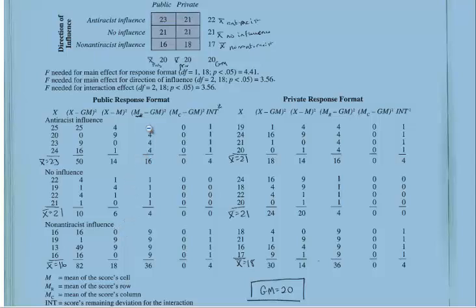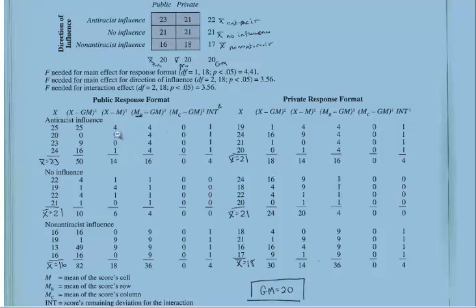The next thing that we do is we're interested in determining the deviations that are occurring between the row means and the grand mean. In this case, the row mean is based on the means of the anti-racist influence for both public and private groups.